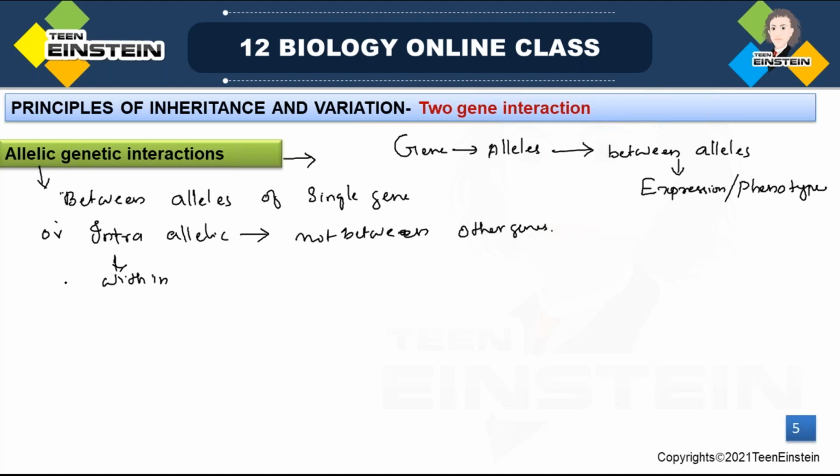Let's see. We know the normal monohybrid ratio according to Mendel. We have learned all these things. The monohybrid phenotypic ratio is 3:1, and the genotypic ratio is 1:2:1.